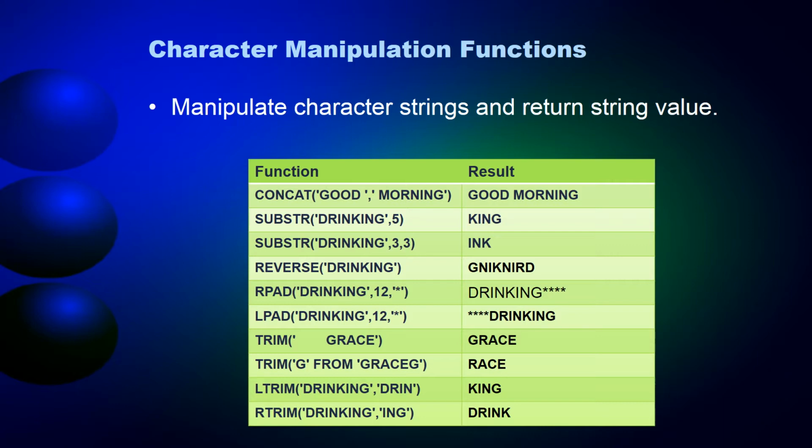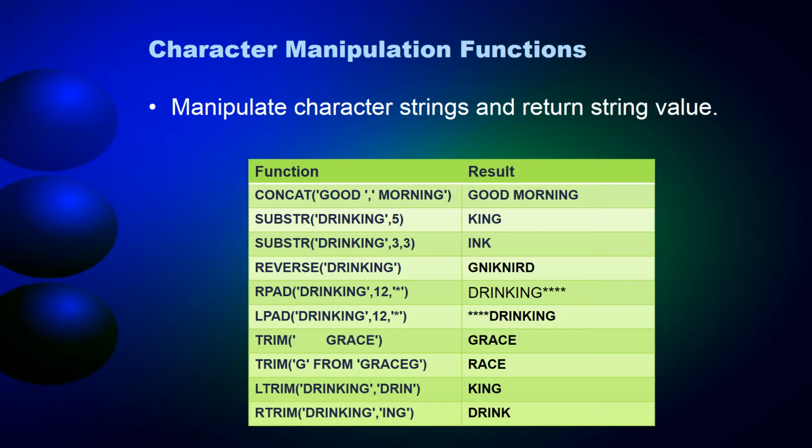Example is substring of drinking, 5. It will return the value king, that is from the string it will take the starting position, the fifth position, and from the fifth position it takes the substring.